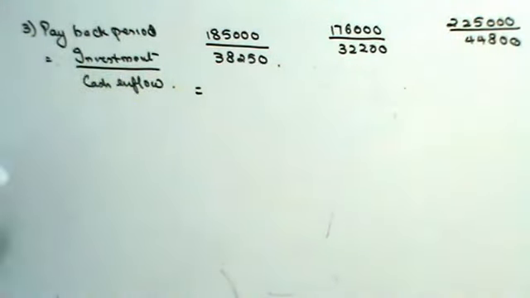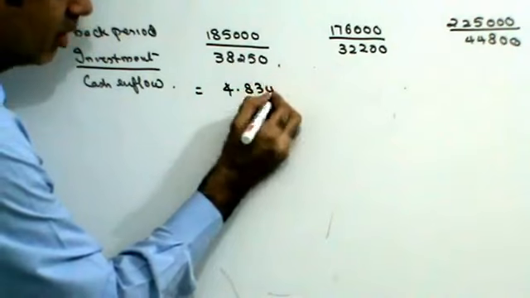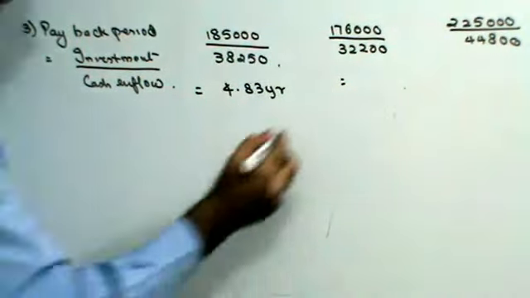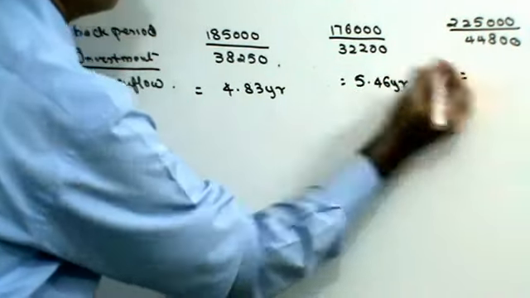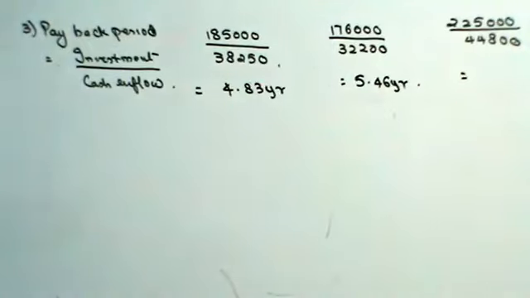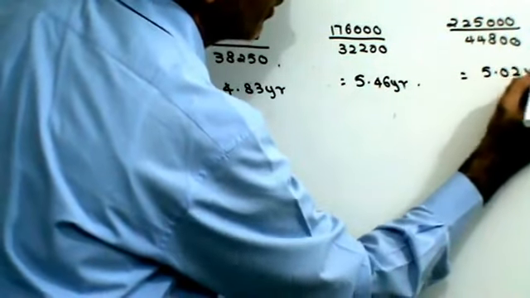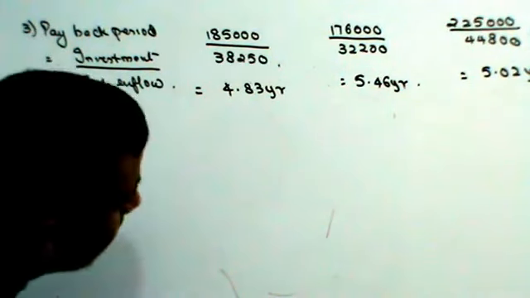So for machine A, your payback period is going to be 4.83 years. For machinery B, your payback period will be 5.46 years. For machinery C, your payback period will be 5.02 years. Since the payback period is minimum for machinery A, therefore machinery A should be selected.